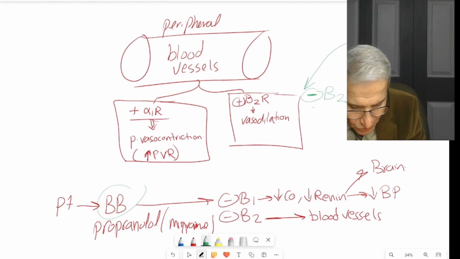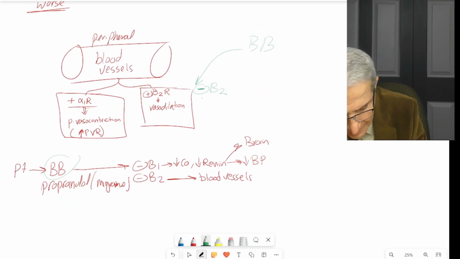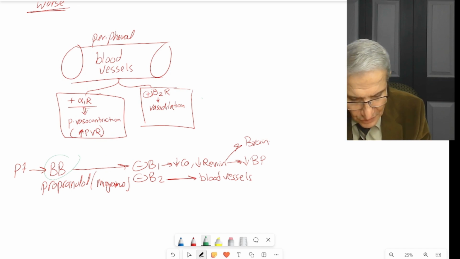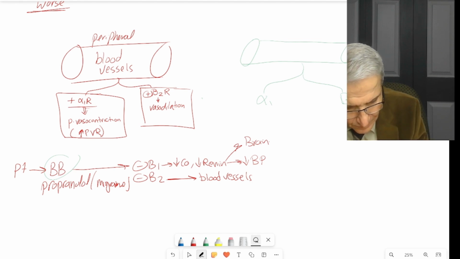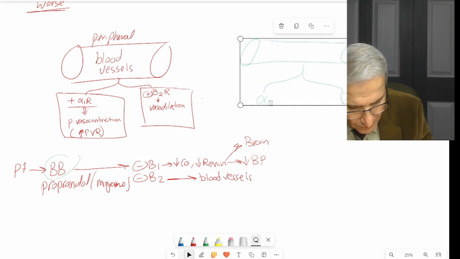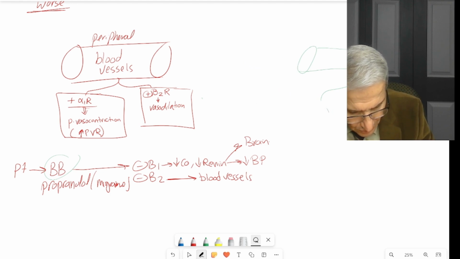You remember we have a balance between beta 2 and alpha 1. If you block beta 2, I will make it small in order to compare. This is the blood vessels again here. We have beta 2 and alpha 1.